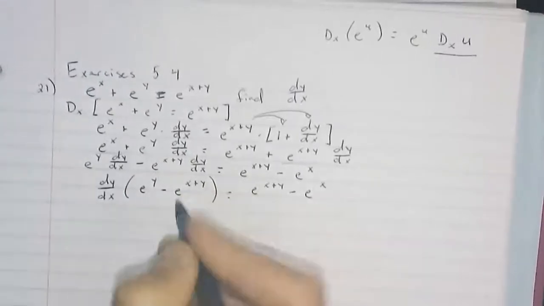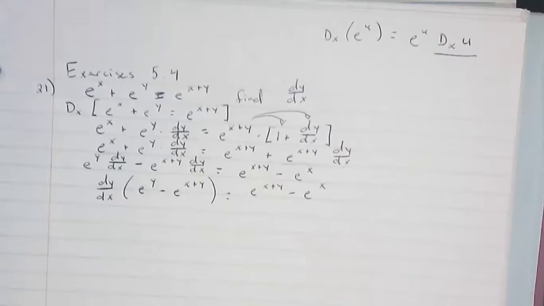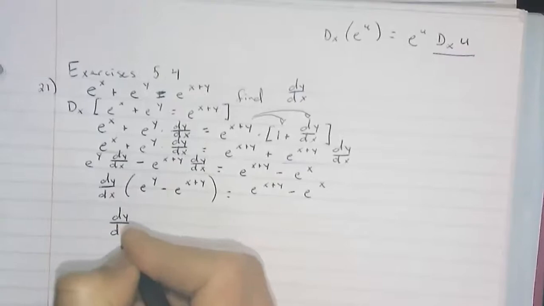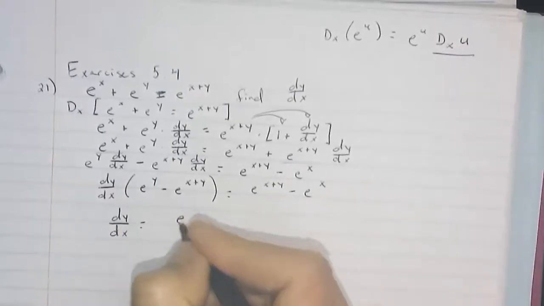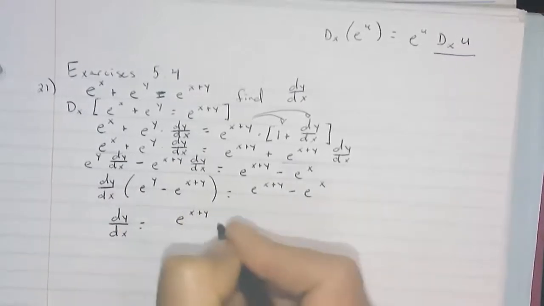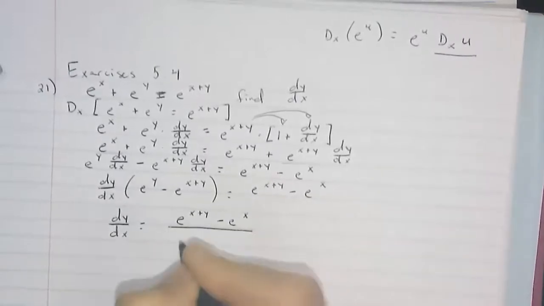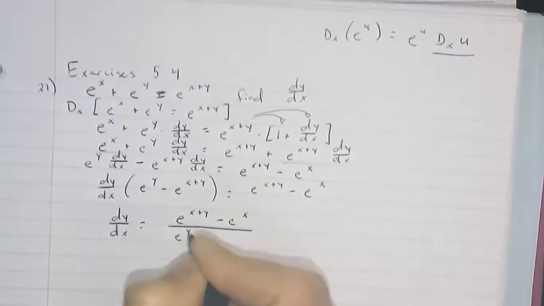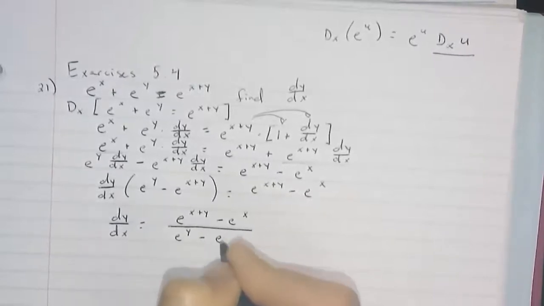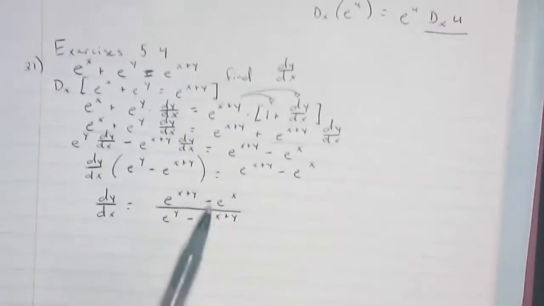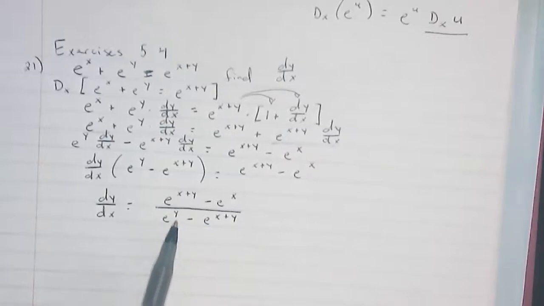And then dividing both sides by e to the y minus e to the x plus y, we get dy/dx is equal to e to the x plus y minus e to the x, divided by e to the y minus e to the x plus y. We're kind of like, oh, that sort of looks the same, but it's not. This is a y, this is an x. Really nothing we can do there.